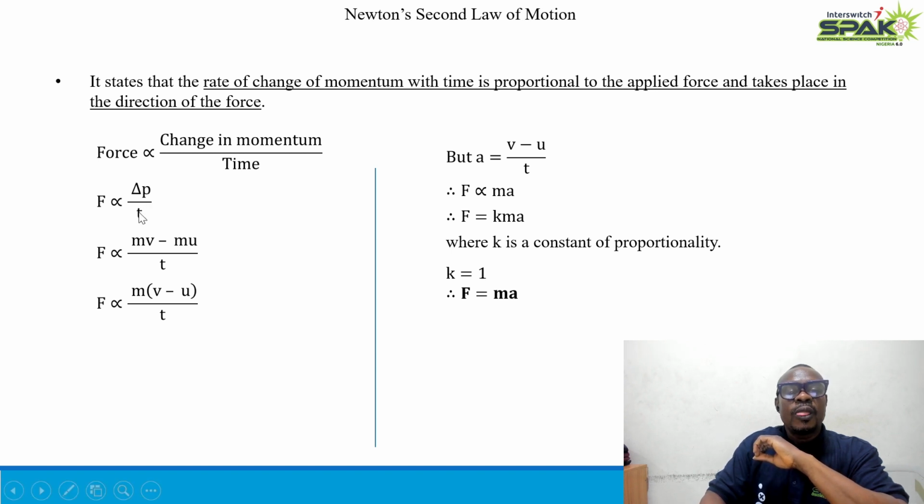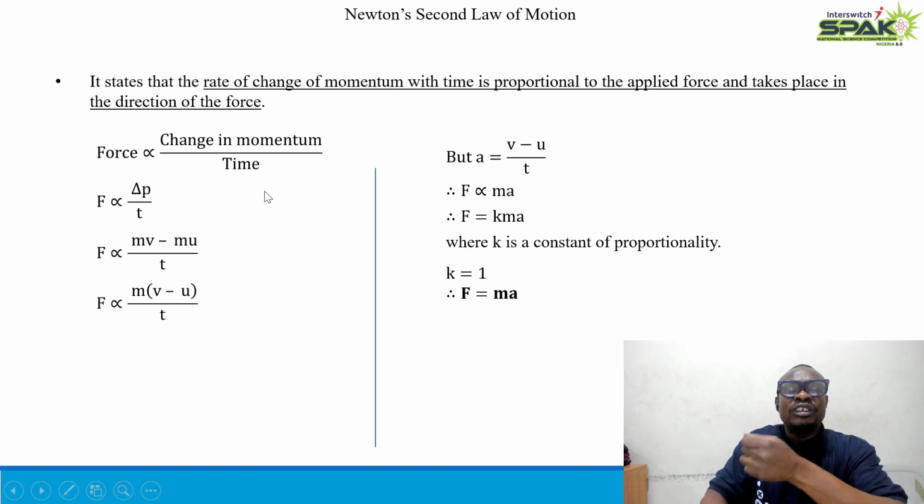All over t. So if we say change in momentum, it means that we have the final momentum and the initial momentum. Remember, in our kinematics, we established that for a body to move with a uniform acceleration, it begins from an initial velocity and attains a final velocity. So v is the final velocity while u is the initial velocity.